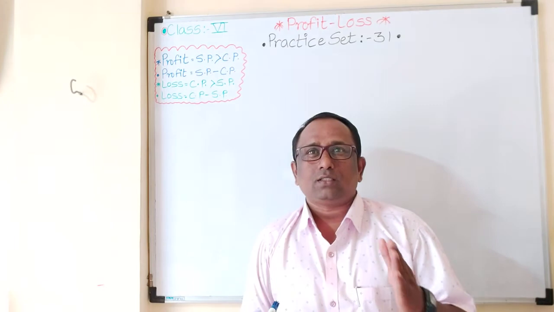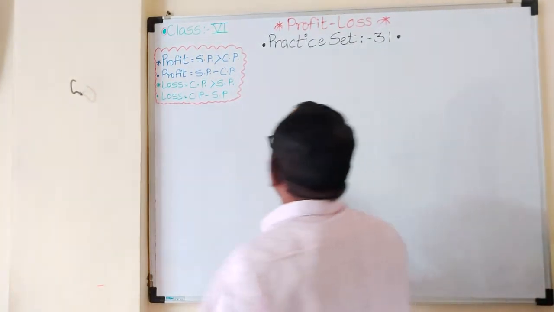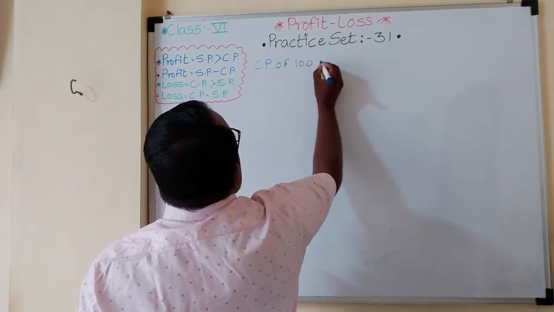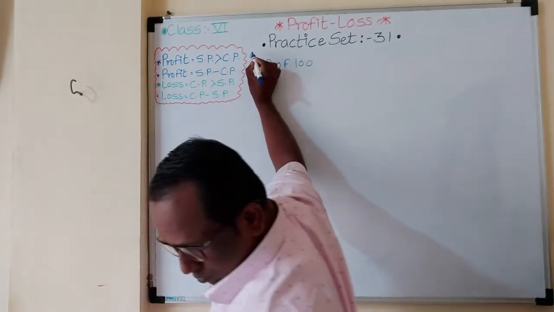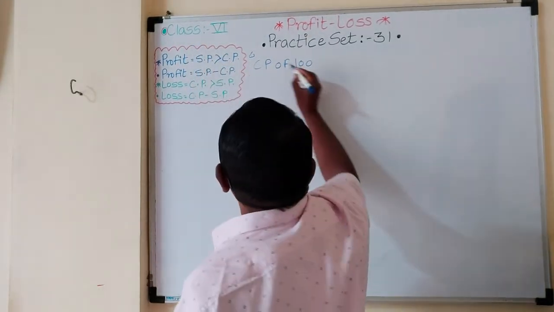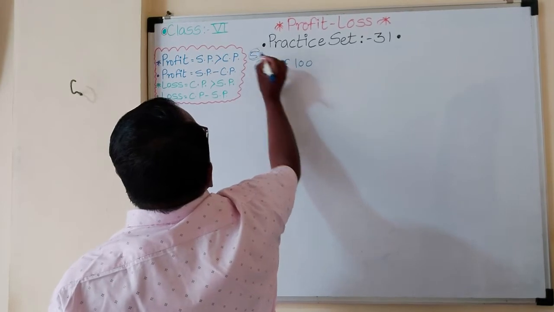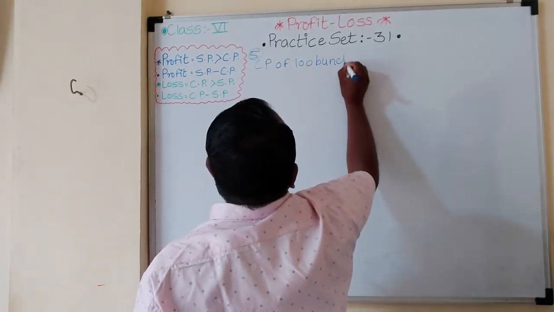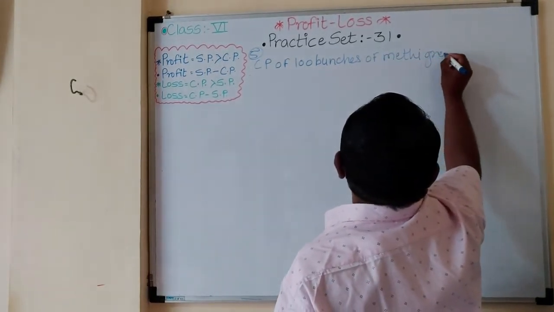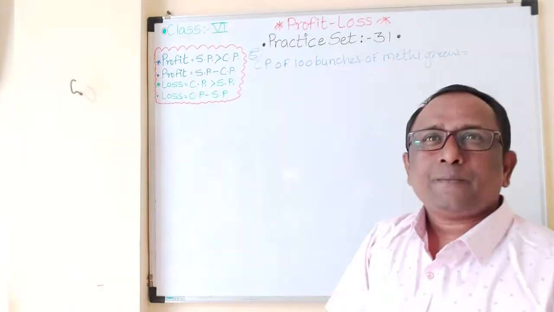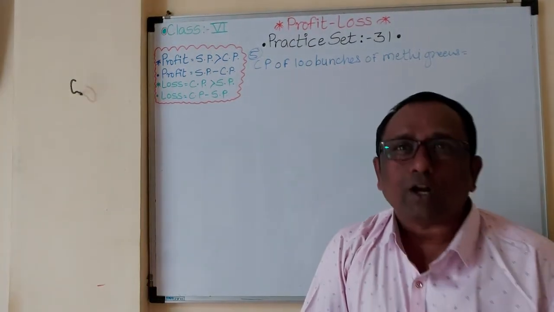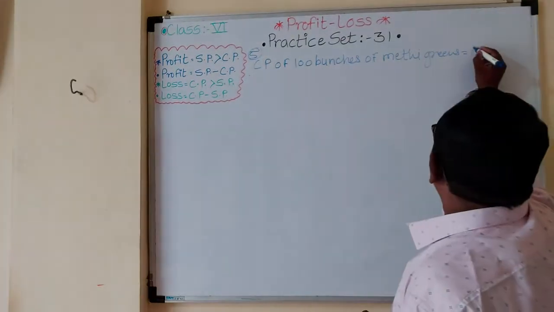CP of 100 bunches of methi greens is given, rupees 400.